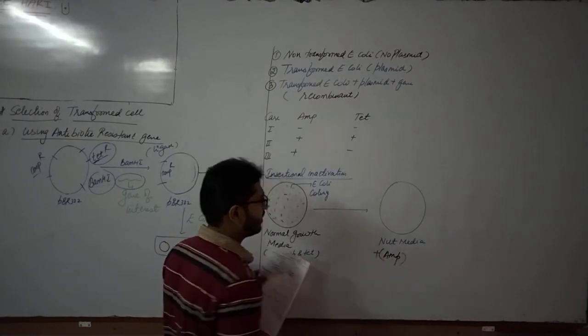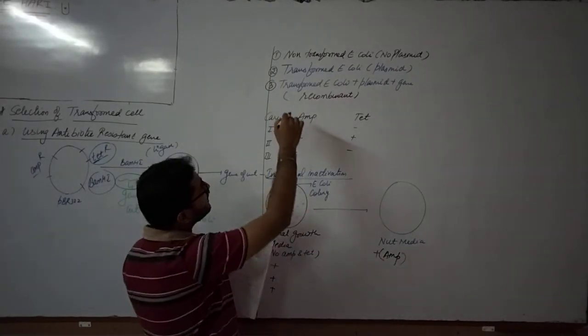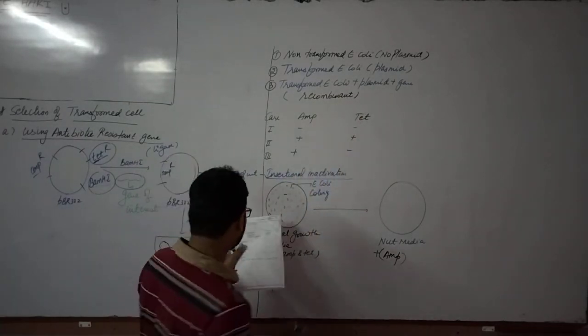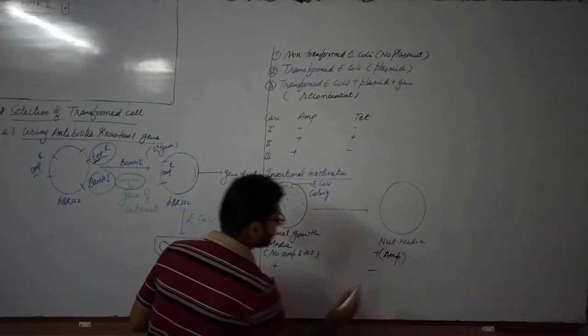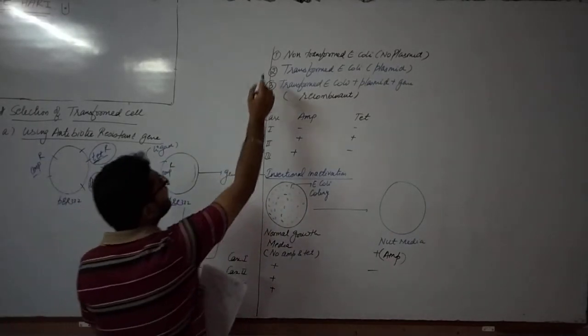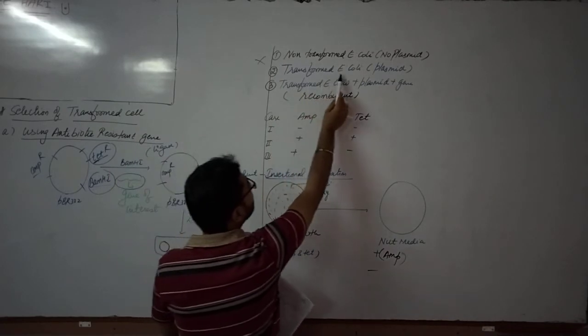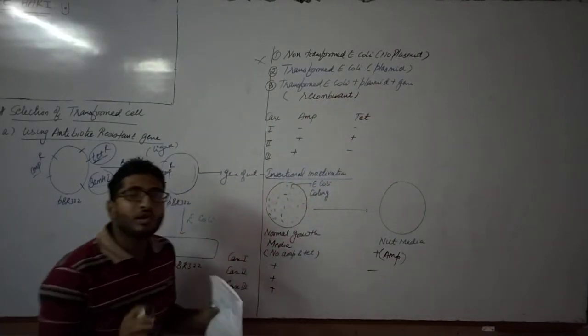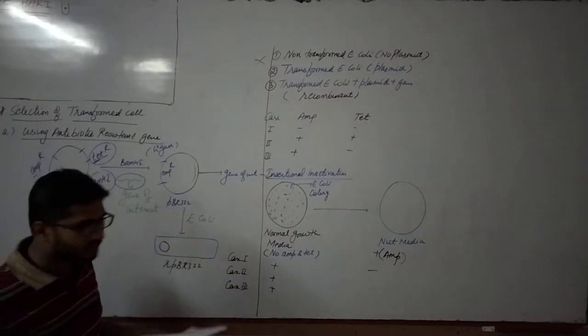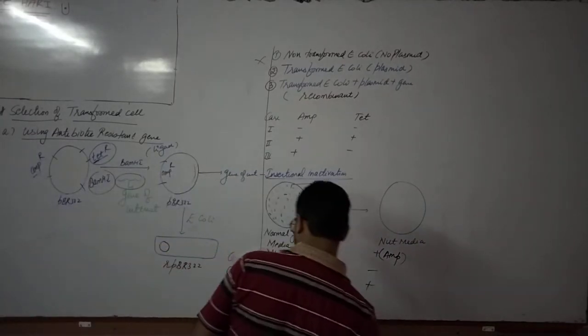Ampicillin we have added. Now out of these three, first is non-transformed E. coli, no plasmid. If there is no plasmid, there is no ampicillin resistance, so the first cell will not grow. The second is a transformed cell with only the intact plasmid. Ampicillin is there, and it will grow, so let us mark positive.